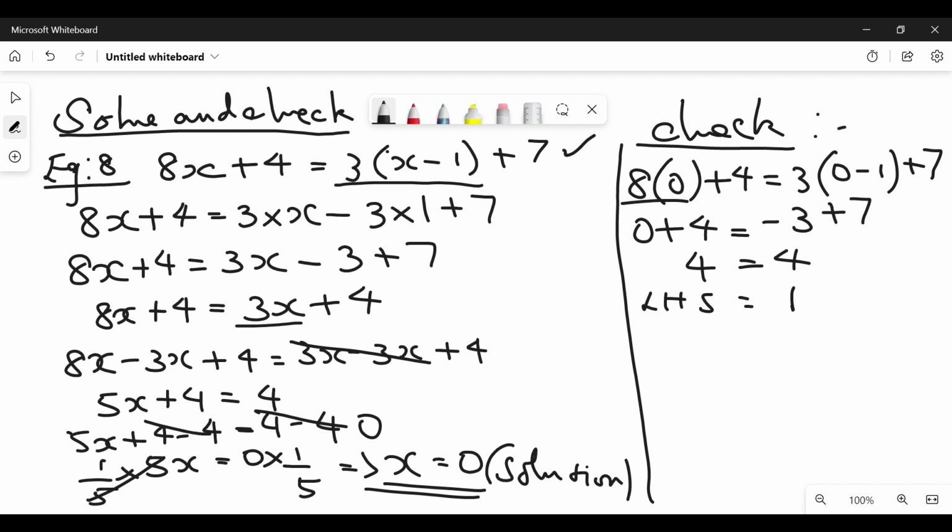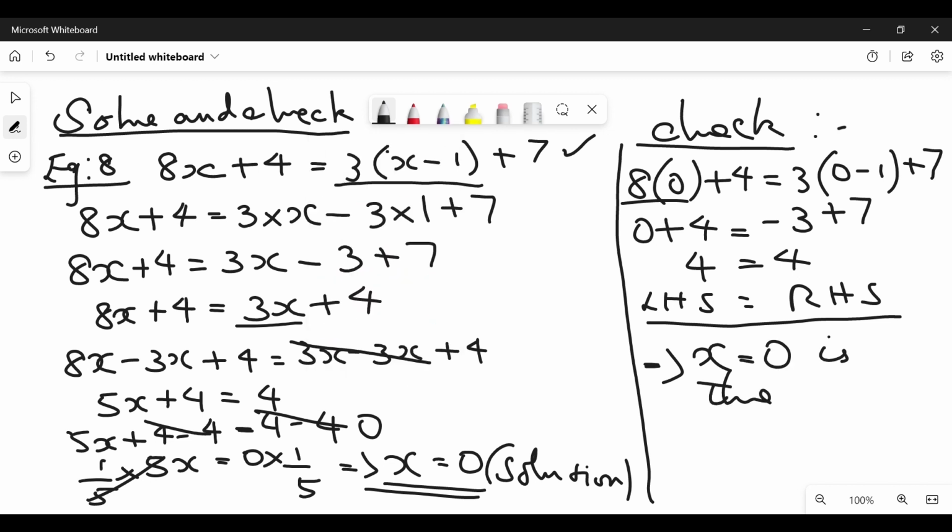You got your left hand side equal to the right hand side, which proves that both sides are equal. From this, what is the conclusion? x equal to 0 is the solution of the given equation. Do you understand how to simplify?